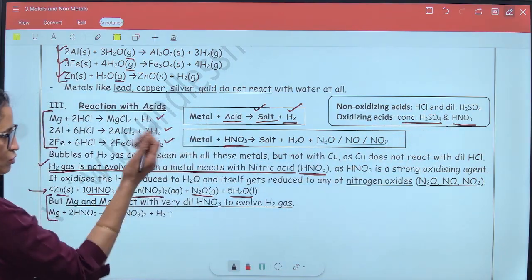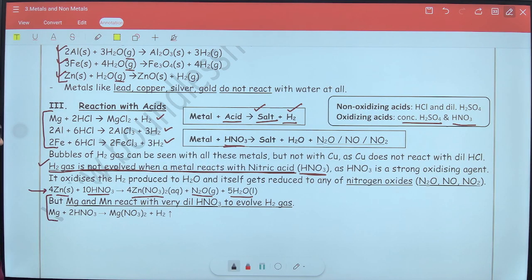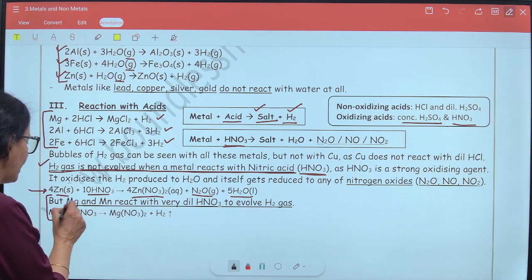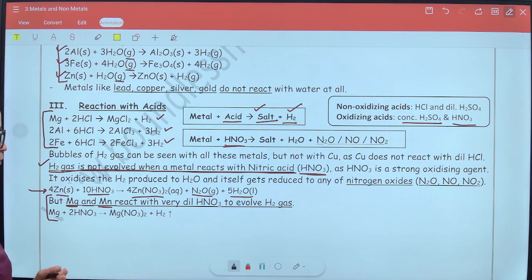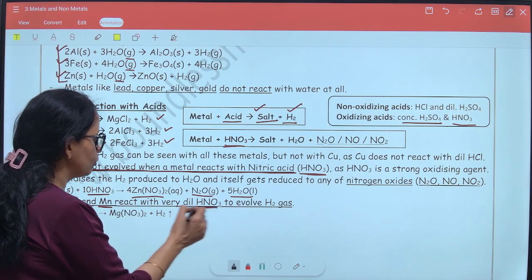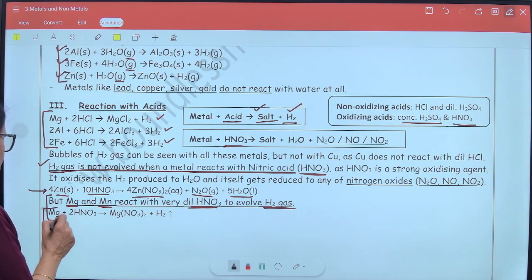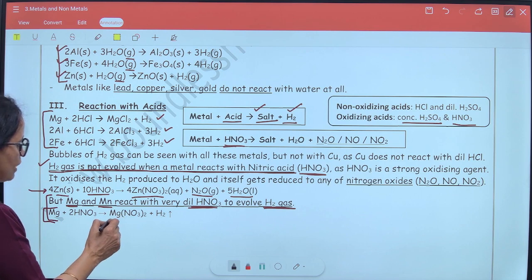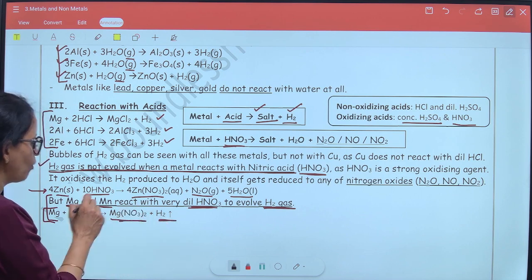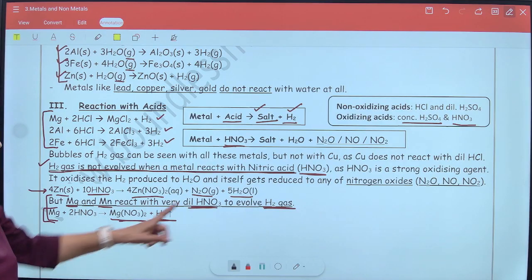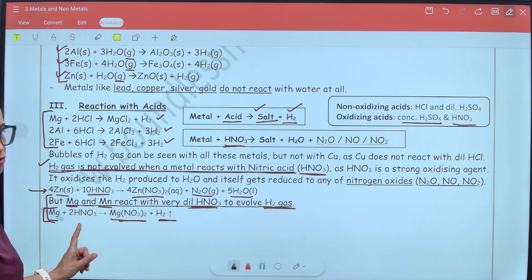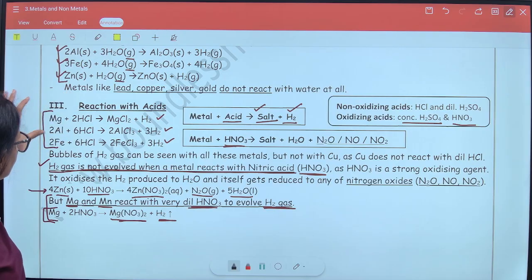Again, HNO3 is an oxidizing acid, but with magnesium and manganese, these are exceptions. They react with dilute HNO3 to evolve hydrogen gas. So the reaction here is magnesium plus HNO3 gives Mg(NO3)2 plus hydrogen. So only with magnesium and manganese is hydrogen gas released when you are using HNO3, but with other acids, other metals, they release hydrogen gas.